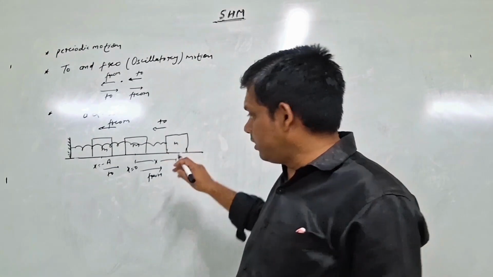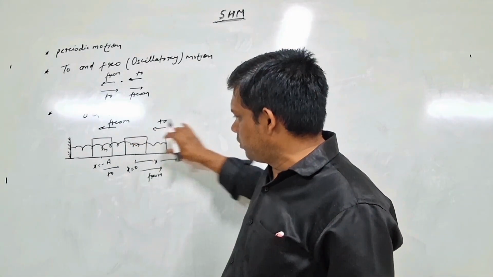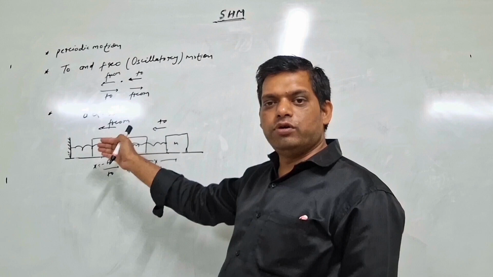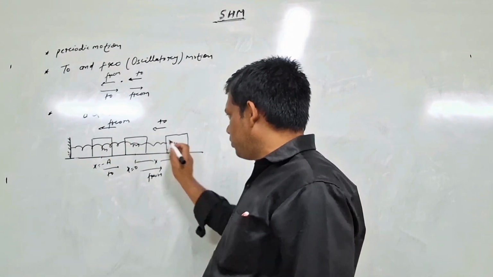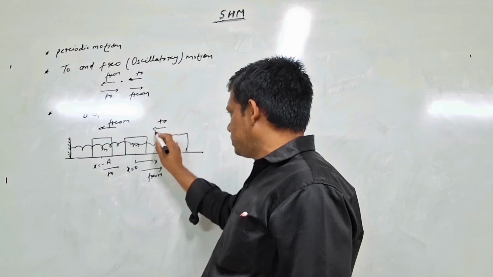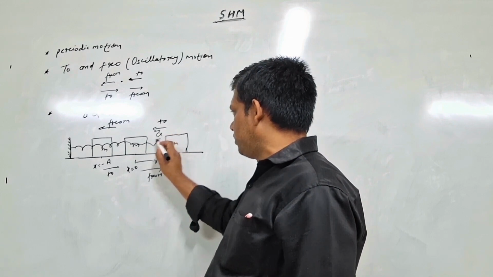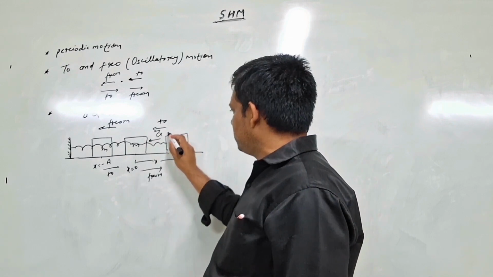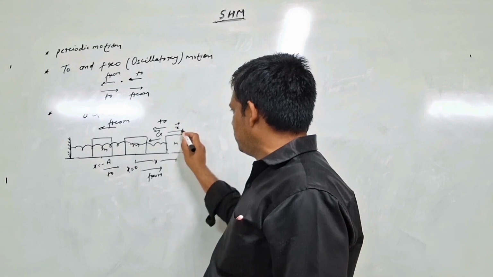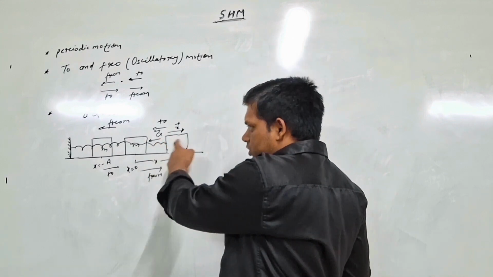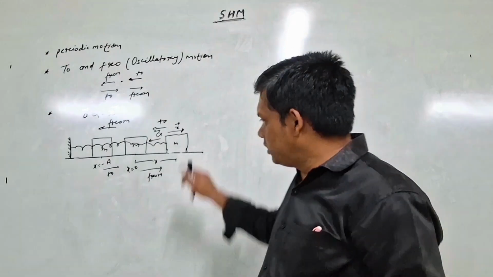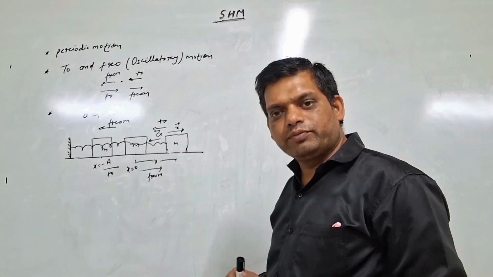And here we can say that if the body is pulled here, then the spring will pull in the left direction. So at this point the direction of the acceleration is leftward, but the displacement is rightward. So the direction of the acceleration is opposite to the direction of the displacement from the mean position.